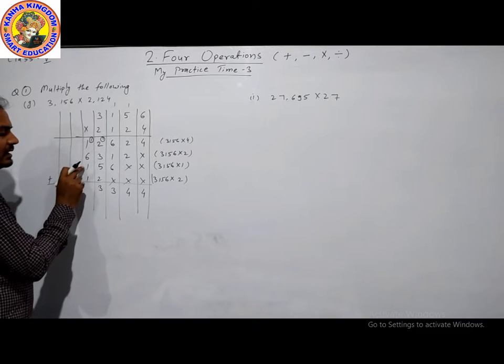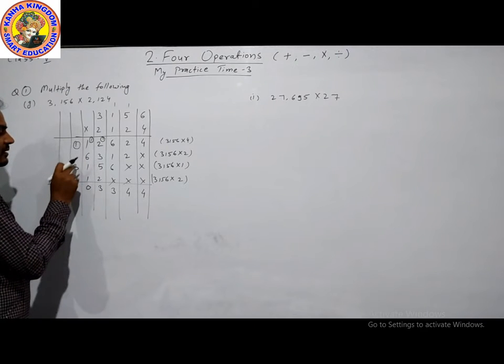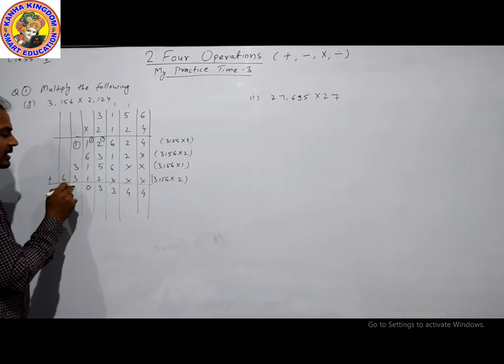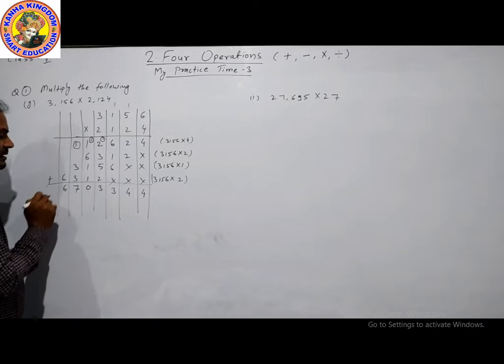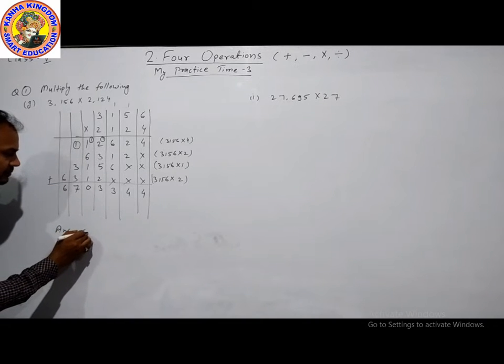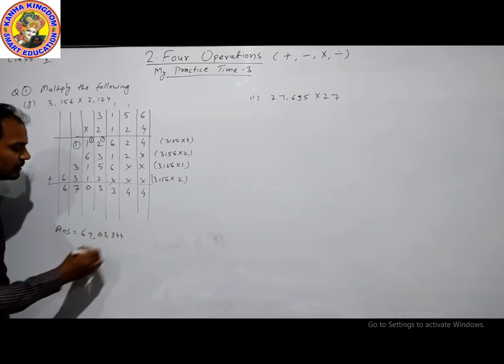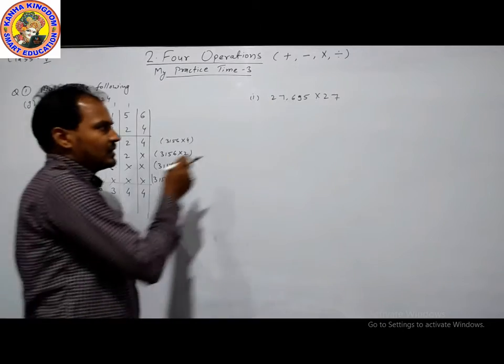Plus 6, 8, 9, 10. 1 is carry point. 1 plus 3, 4. 4 plus 3, 7. Then 6. So our answer is 6703344. This is our answer.